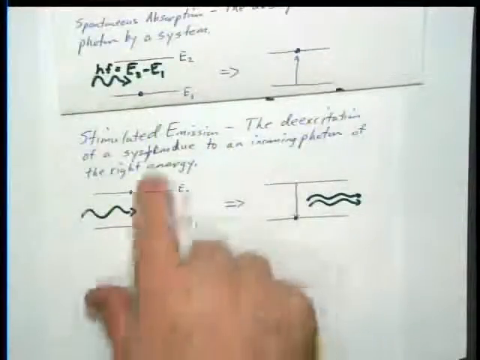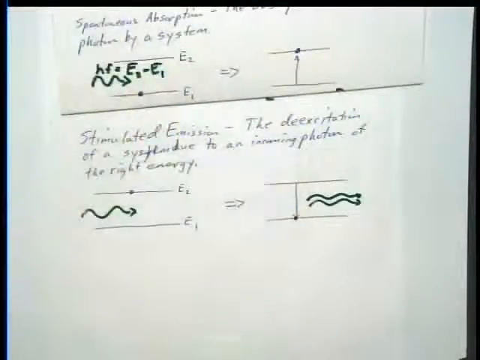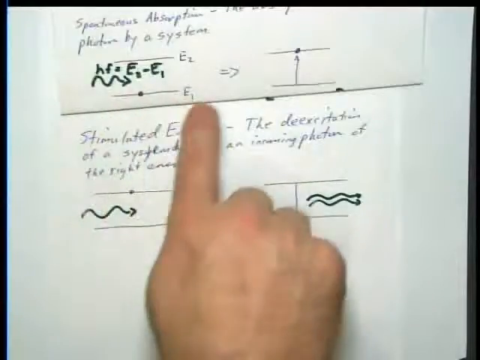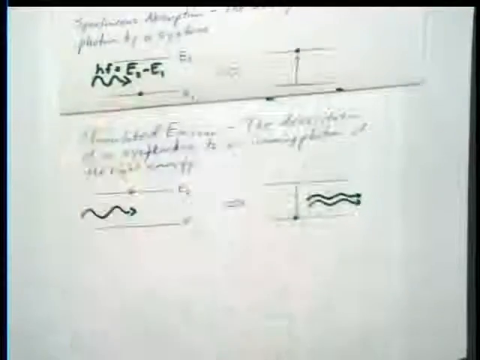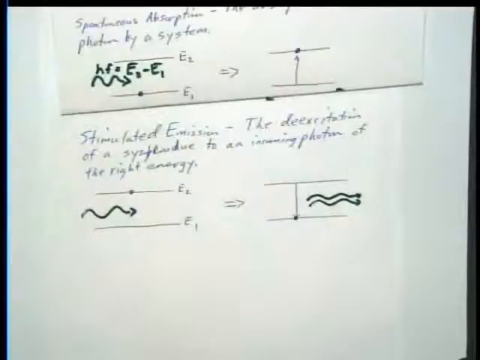Now, sometimes it will stimulate, sometimes it will absorb. But if there are more electrons in the bottom, which we said there should be, it's more likely it gets absorbed and less likely that it gets stimulated. I have to find a material that I can get more electrons in the high energy state than the bottom. I can't do that just by heat. I got to do some sort of tricky little quantum physics stuff to make that work.